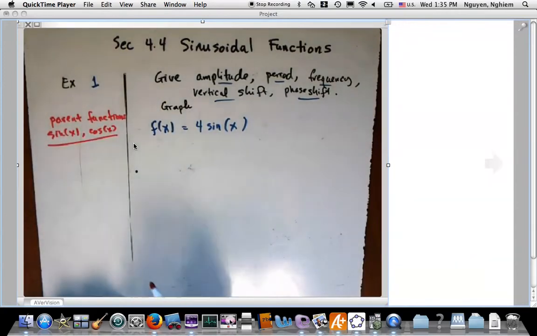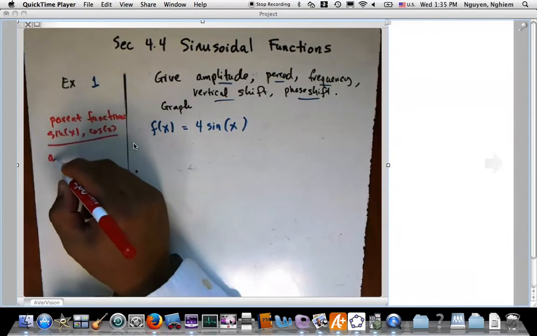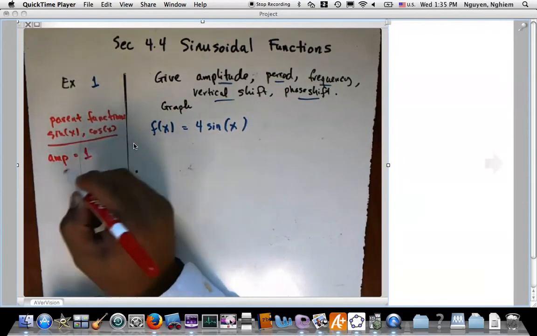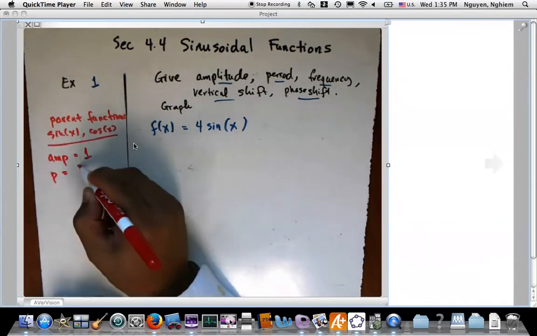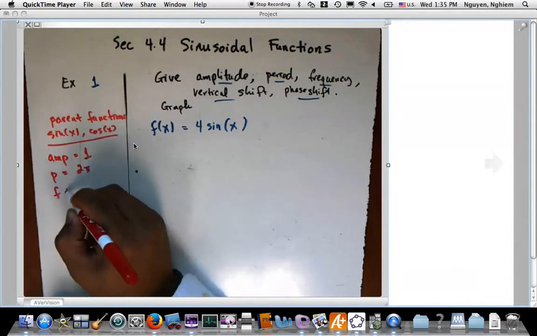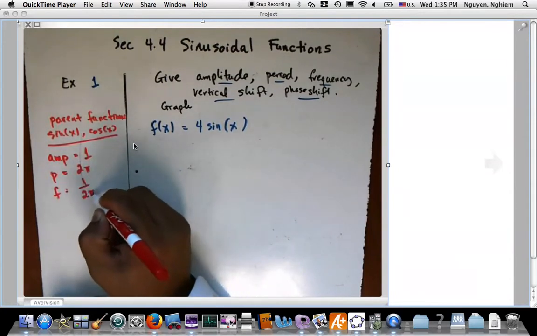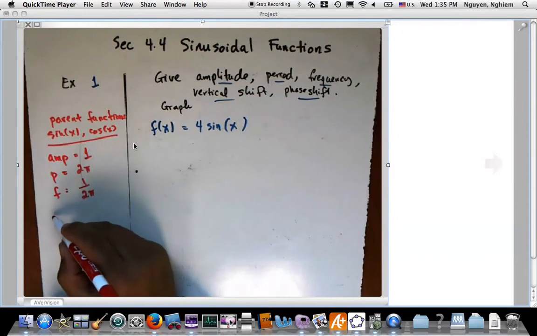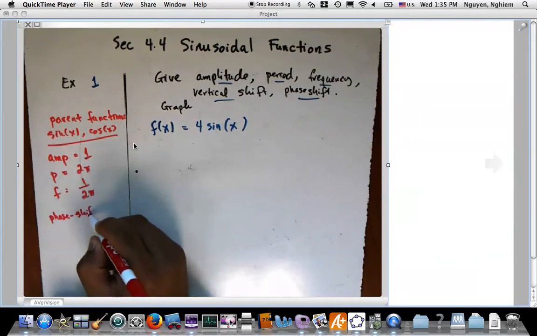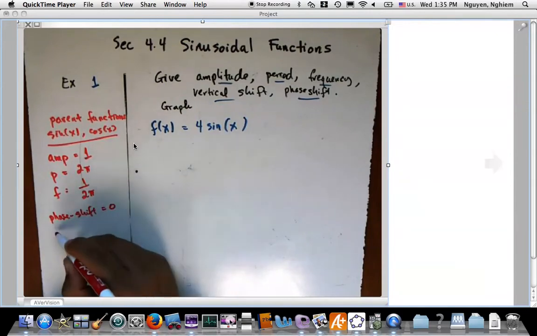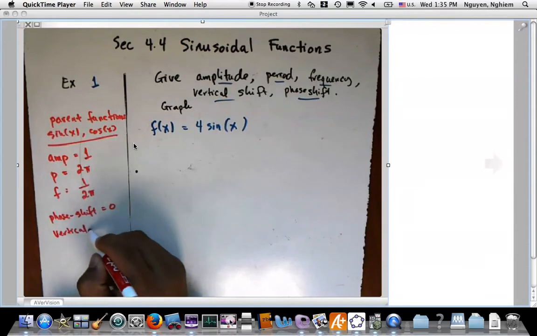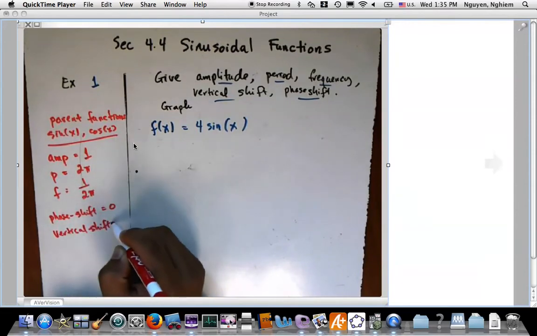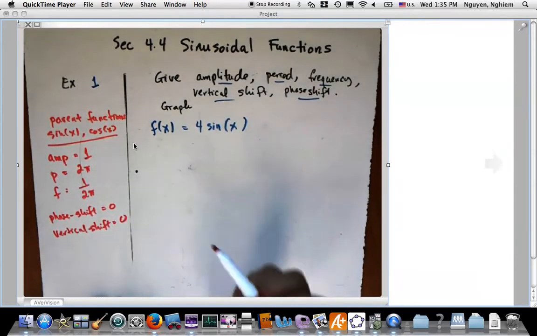So for the original parent functions, the amplitude is 1, the period is 2 pi, the frequency is 1 over 2 pi, the phase shift is 0 because you're not moving it anywhere, and the vertical shift is also 0 for the original function, okay? For the original parent functions.